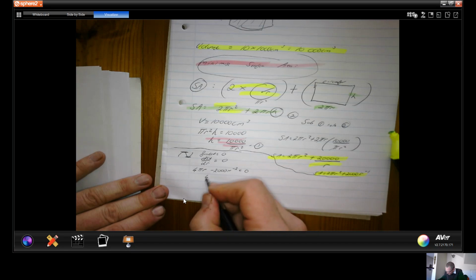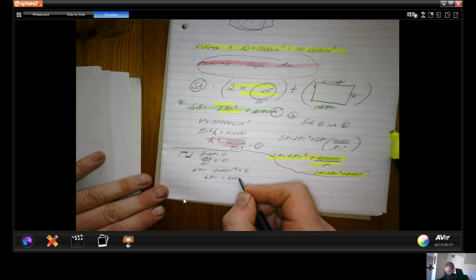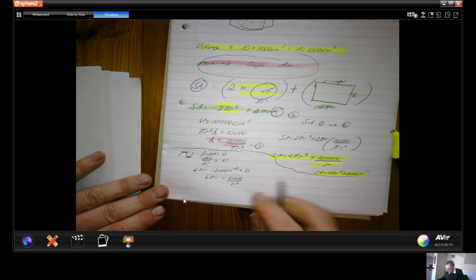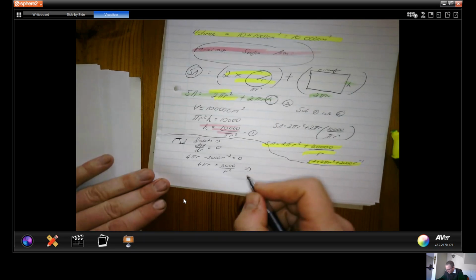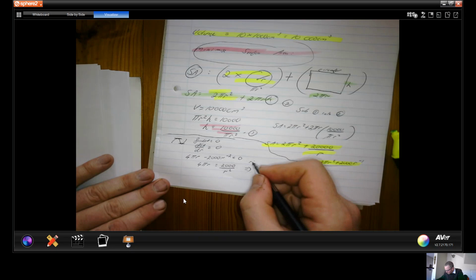So if I solve that, I get 4 pi r is equal to 20,000 over r squared. If I multiply both sides by r squared, remember, r cannot be 0.